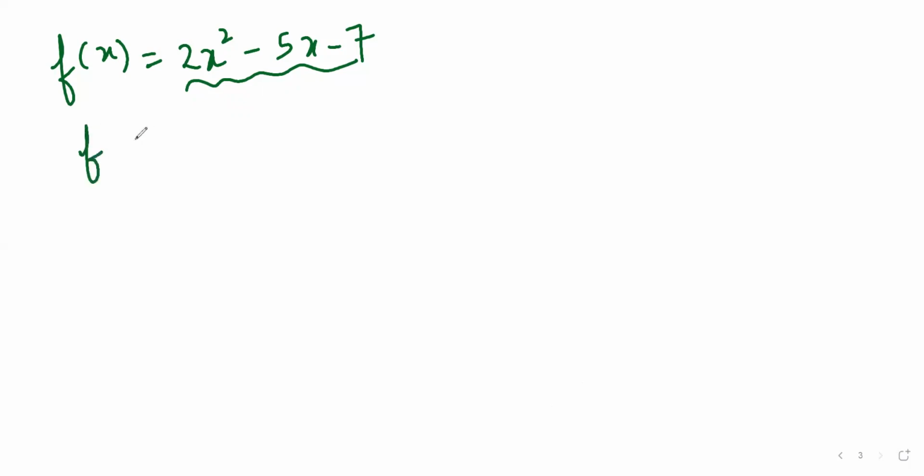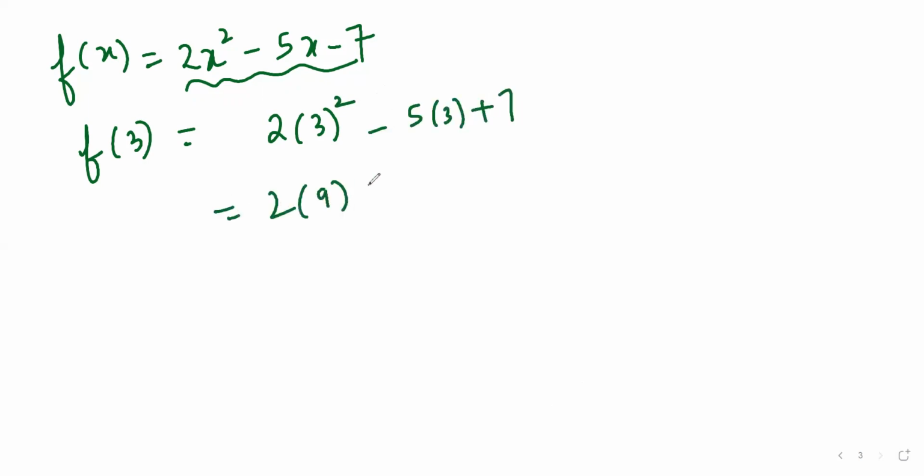So if I put f of 3, that is when x is 3, this will become 2 into 3 squared minus 5 into 3 plus 7. What will it be? 2 into 9 minus 15 plus 7. 18 minus 15 is 3, plus 7 is 10.